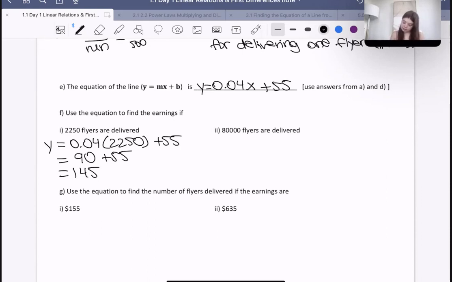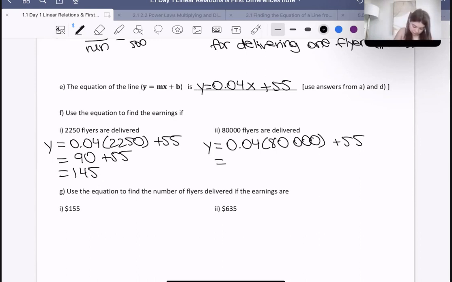All right, what if 80,000 flyers are delivered? Which, by the way, 80,000, that's a lot more than 2,250, so she's probably going to make a lot more money, even though it's only 4 cents per flyer. That's a lot of flyers. That would take a very long time. That's going to be a lot of neighborhoods for sure. So that's $3,200 plus the $55.